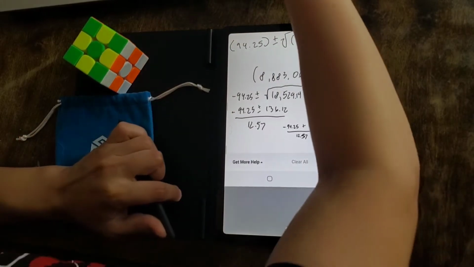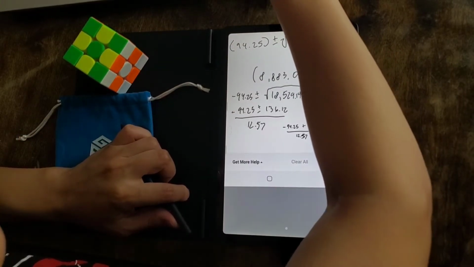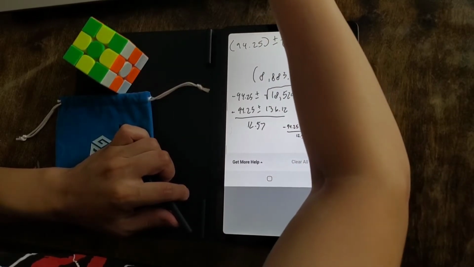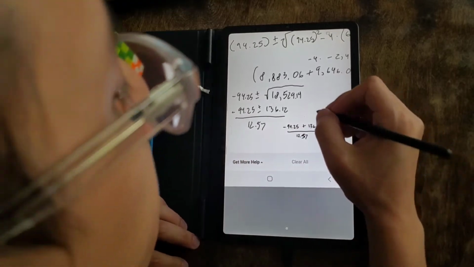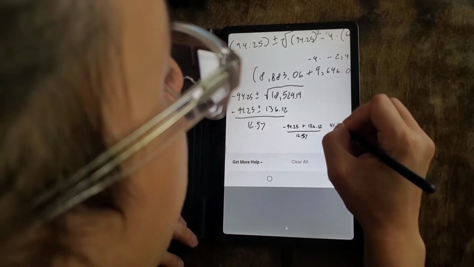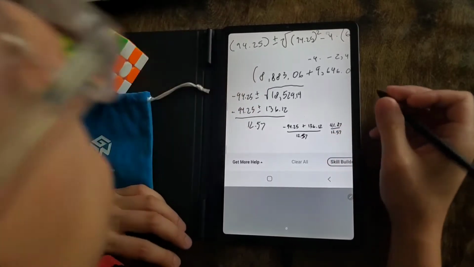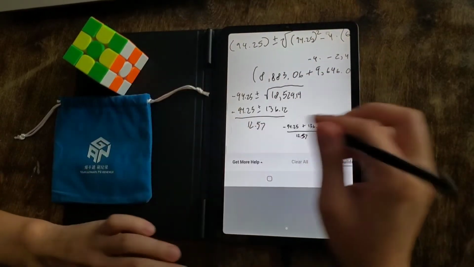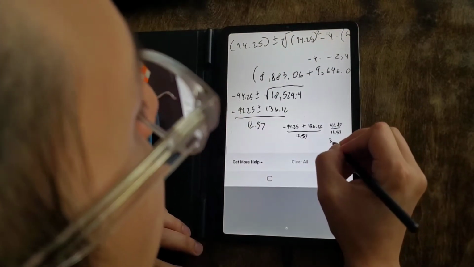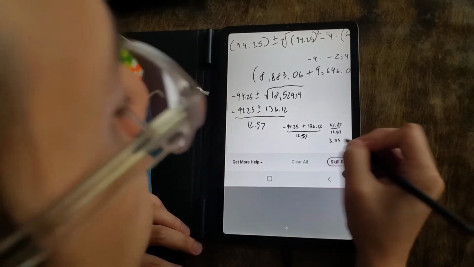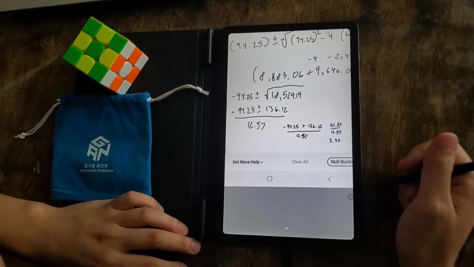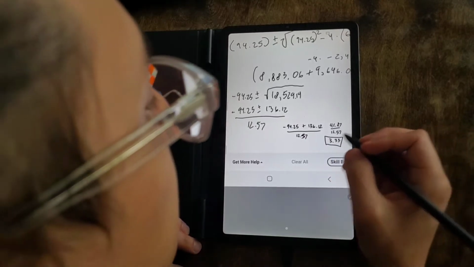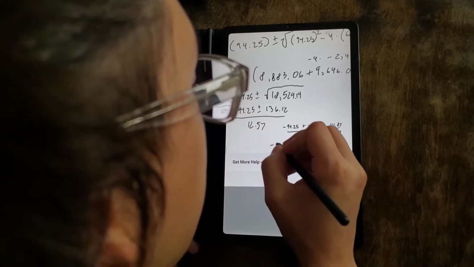So let's add. We got 136.12 minus 94.25. We're going to be left with a positive 41.87 over 12.57. Now we're going to take 41.87 and divide it by 12.57. And we're going to get 3.33 rounded to the nearest hundredth. So that's one answer. Now we also have to subtract.